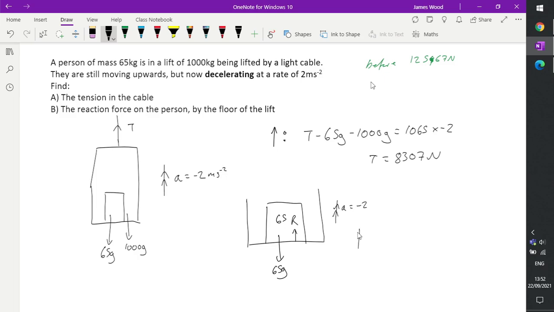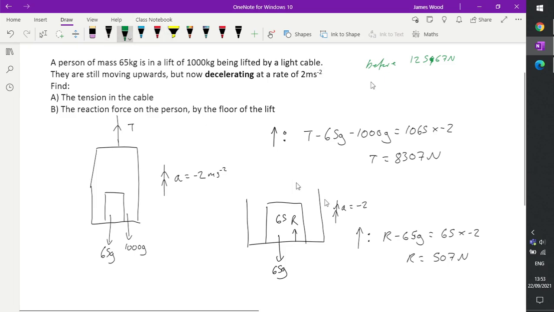And now we're going to do the same thing, but just considering the forces on the person. So I've got R minus 65G equals 65 times minus 2. So now if I solve that to find R, I get 507 newtons. Okay.